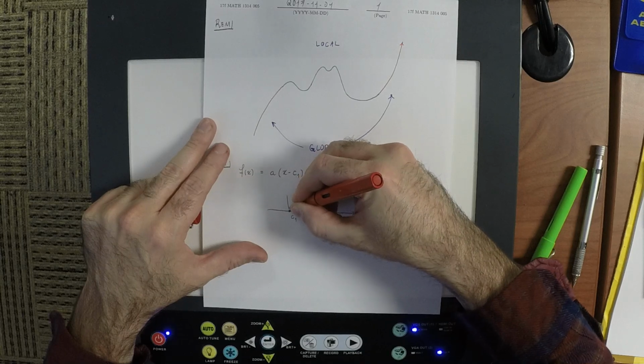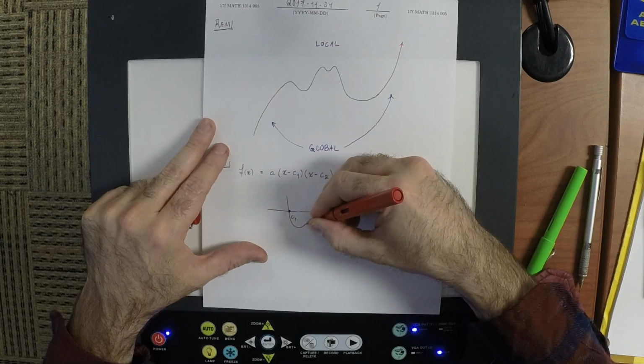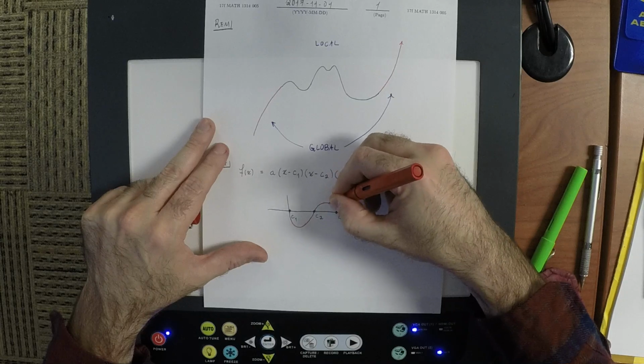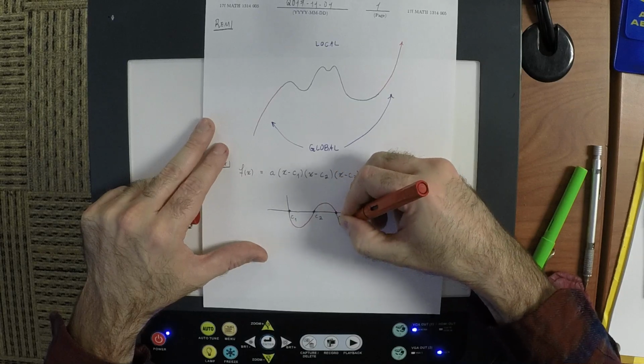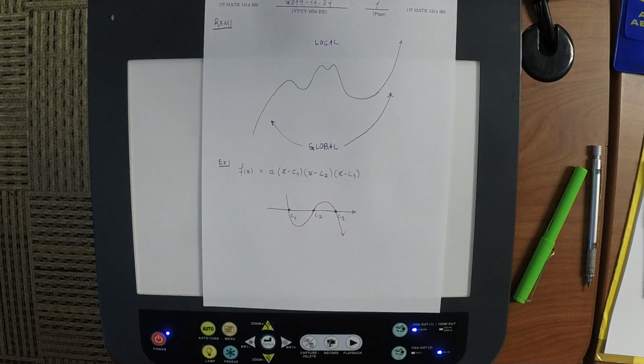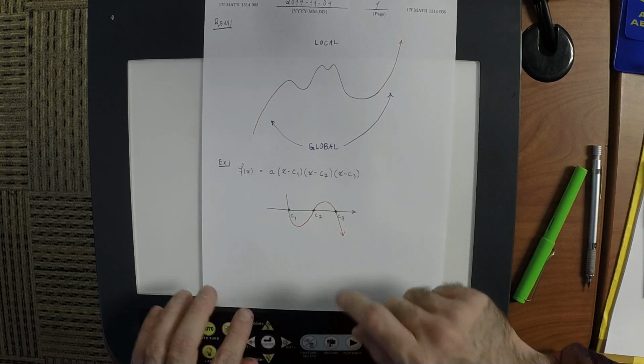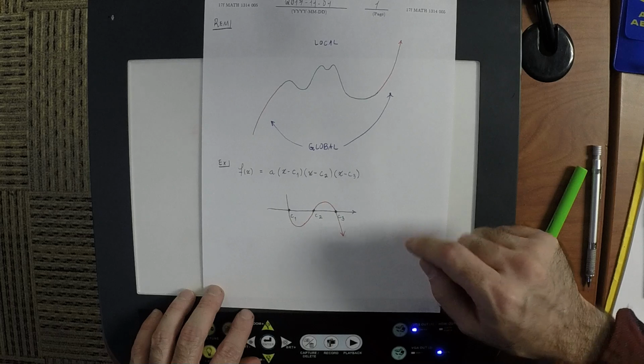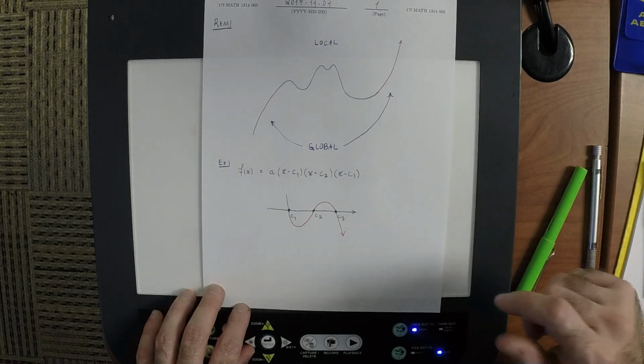So suppose it looks like this. Now, from this picture, you should be able to tell me the sign of a.